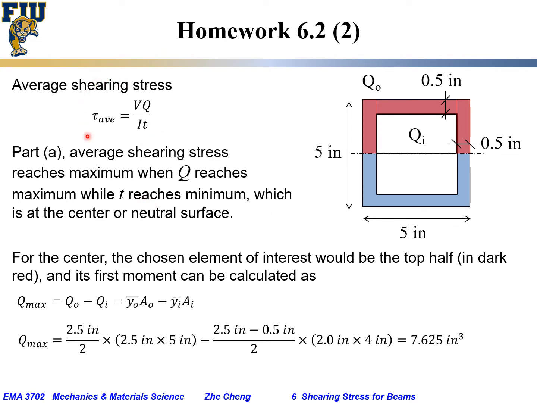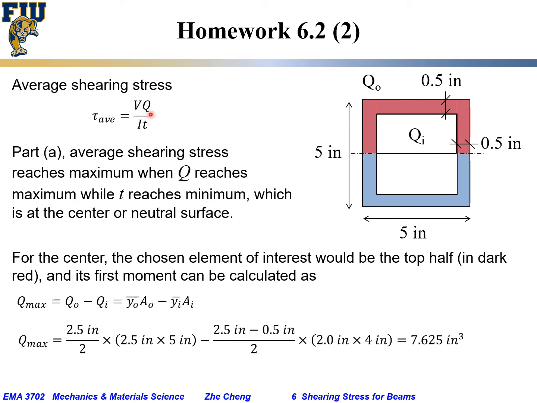Then the average shearing stress, from what we learned in this class, tau average shearing stress due to transverse shear V would be VQ over IT. Again, I would be the moment of inertia for the entire normal cross section. T would be the interface width, and V would be the transverse shear force or vertical shear force.